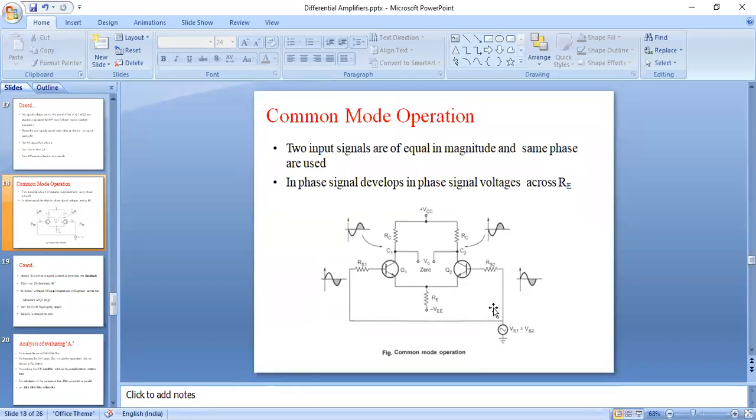Similarly here also, because both inputs are equal, we are applying positive input to the base of Q2, we are getting again positive current. So when both currents meet here, both currents are added. That means there will be some finite AC signal developed, and that signal is flowing through this RE, and the voltage is developed across this RE, and the negative feedback is applied to this circuit.